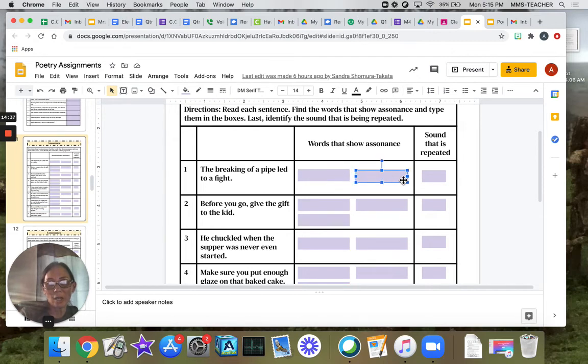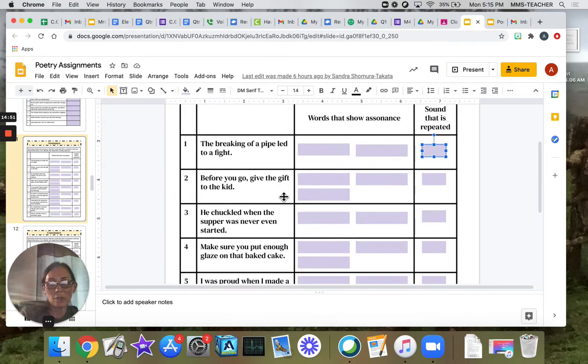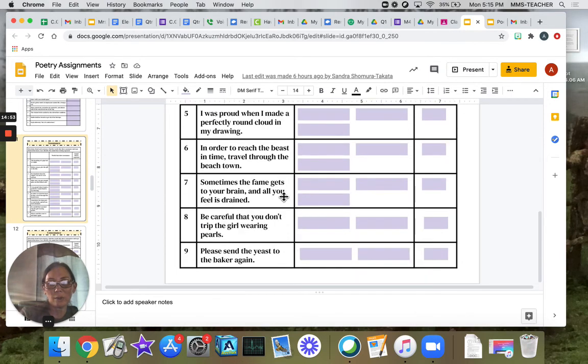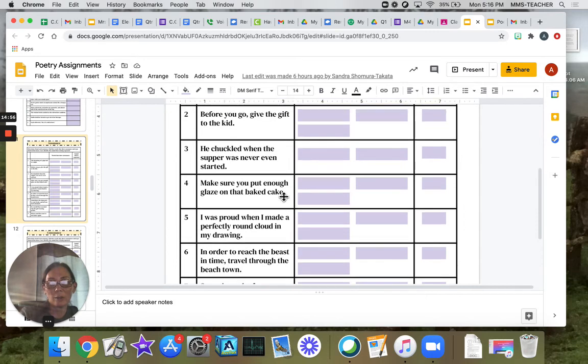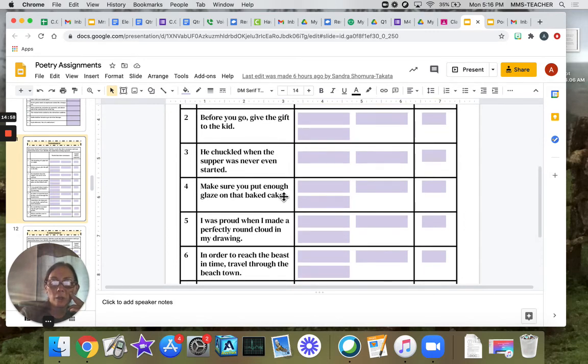Do you hear that? The repeated sound is the I sound. Pipe and fight, and you hear that repeated vowel sound. So you do the same for numbers 2 to 9. Number 2, before you go, give the gift to the kid.